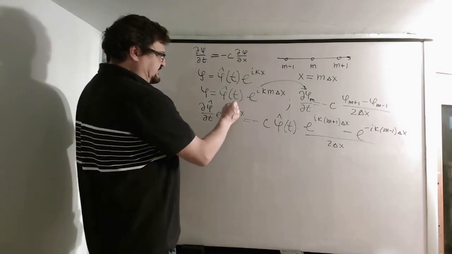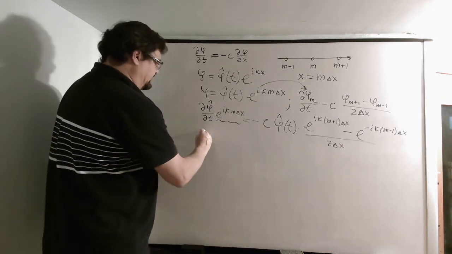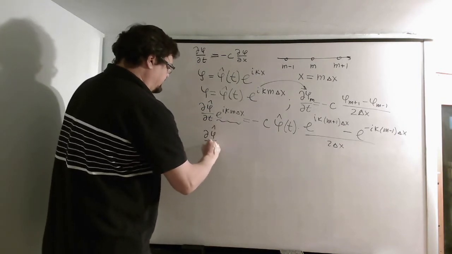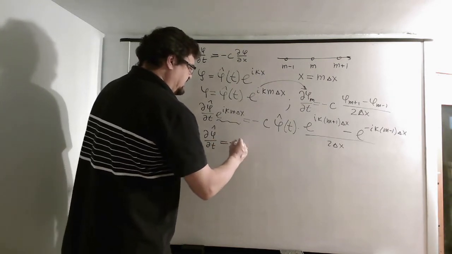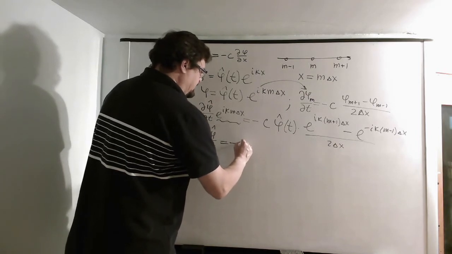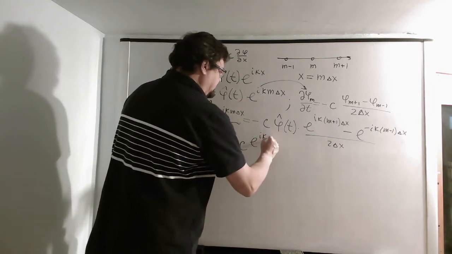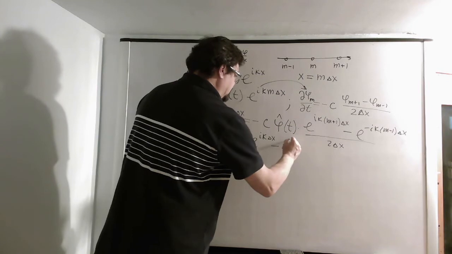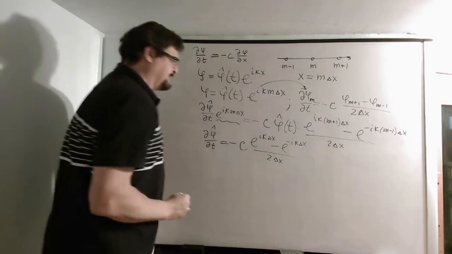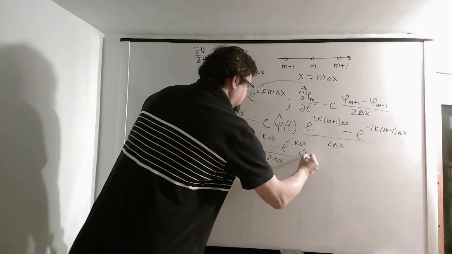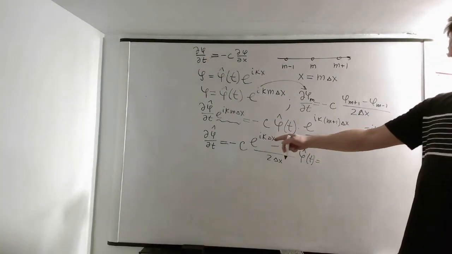So now let's cancel it by this term. We divide both sides by this term. So we have the rate of change of amplitude in time equals minus c, here it's e to the I k delta x minus e to the minus I k delta x divided by 2 delta x times phi of t, and this one is cosine plus I sine.